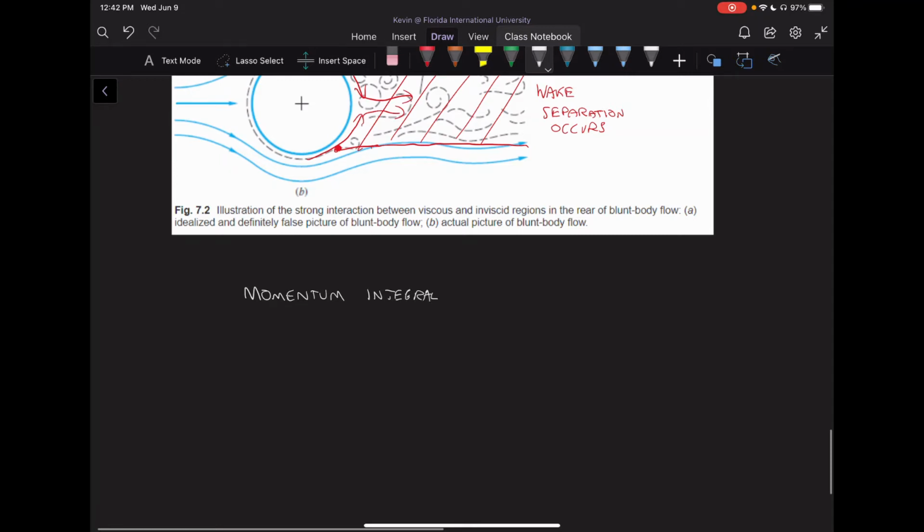And the momentum integral estimates are there for us to make some assumptions and some calculations on what would happen in this boundary layer and how growth of a boundary layer can be analyzed.